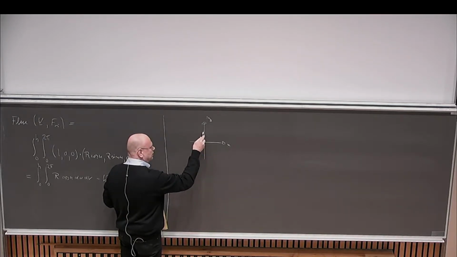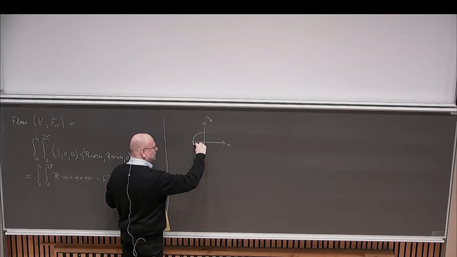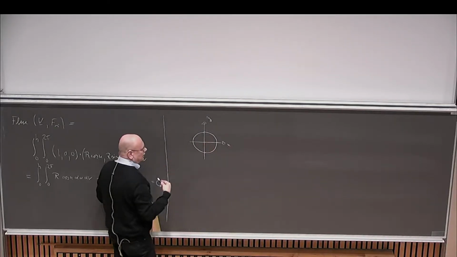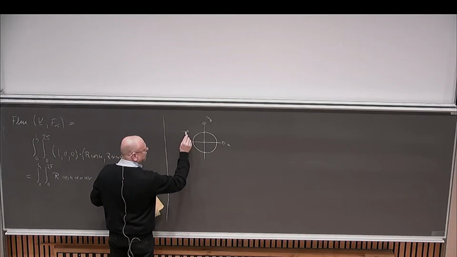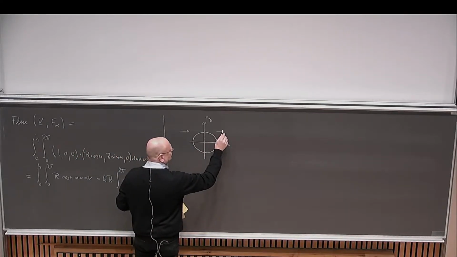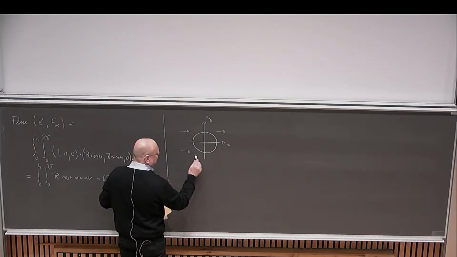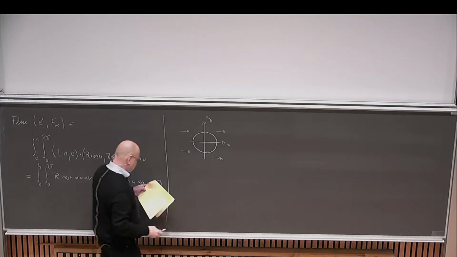And then you look at the cylinder and it looks like this. And then you have your constant vector field here. It's pointing in that direction.